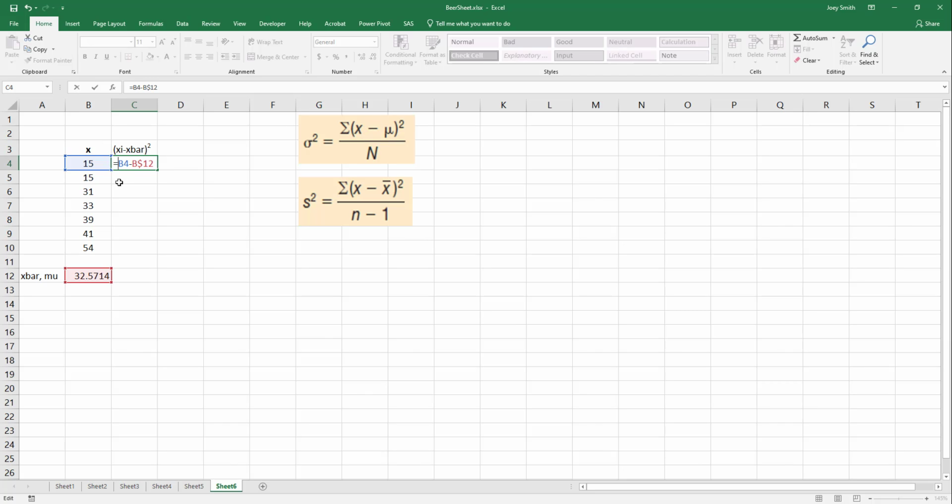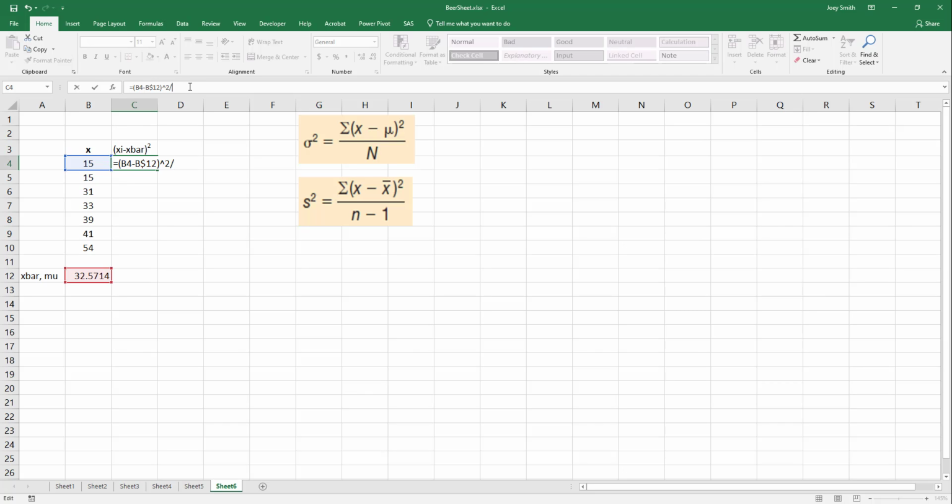So the next thing we need to do is raise this entire quantity to the second power. We're squaring it. Now, where do we get n from? Well, remember that big N is your population. It's the number of observations in the population. Little n is your sample size. But we're dealing with big N right now. And so big N is equal to 1, 2, 3, 4, 5, 6, 7.